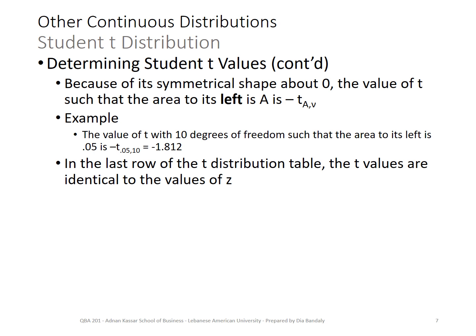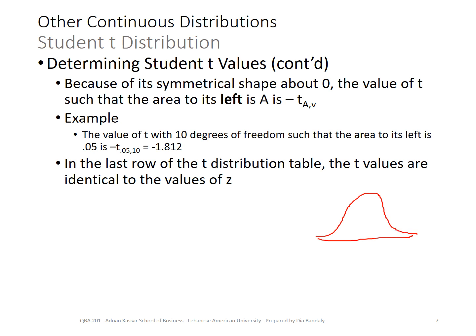Okay, so what we can say is that a t-value that has an area on its right equal to a, then I can find a t-value that has an area on its left also equal to a, and this will be equal to minus that t. For example, if we know that 1.812 is the t-value such that the area on the right-hand side is 5%, let me show you this quickly.